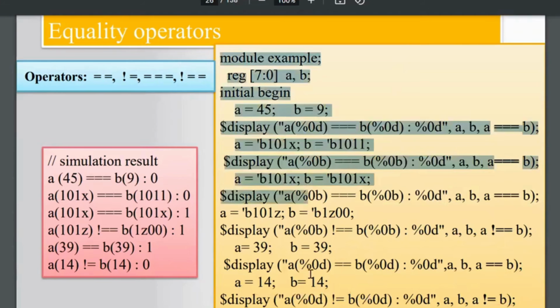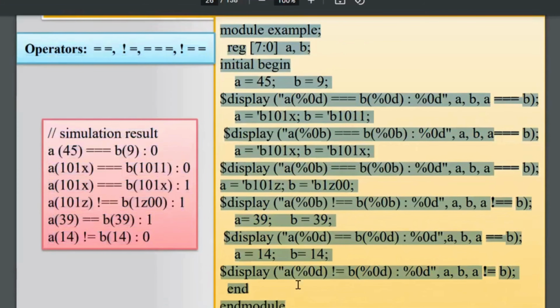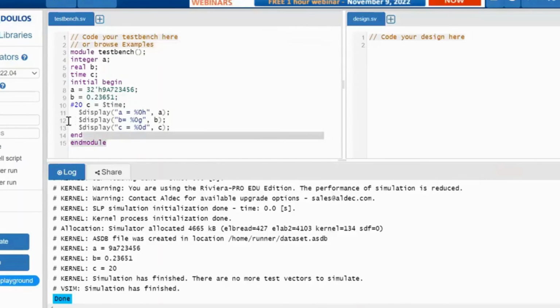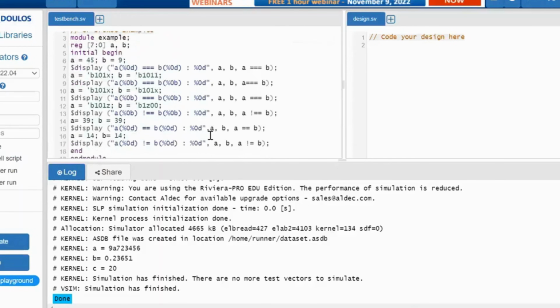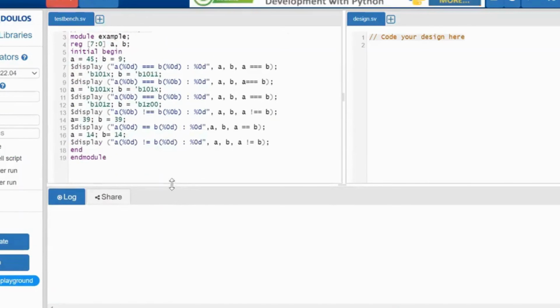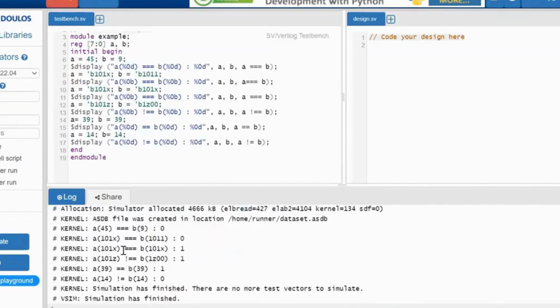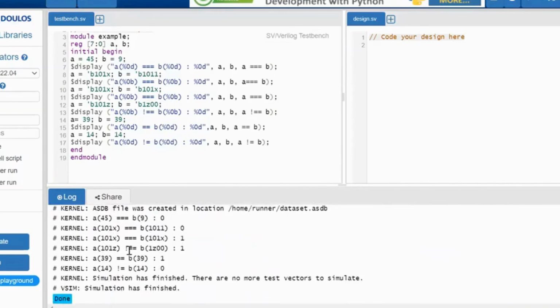Okay. We'll do this example in simulation. We'll check how the unknown and Z values work. Okay, see, here we took X. So X is not equal here. And here X and X, same values we took. But in place of triple equal to, we'll put double equal to only.